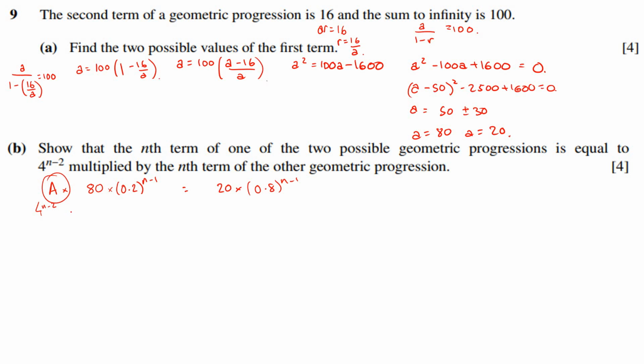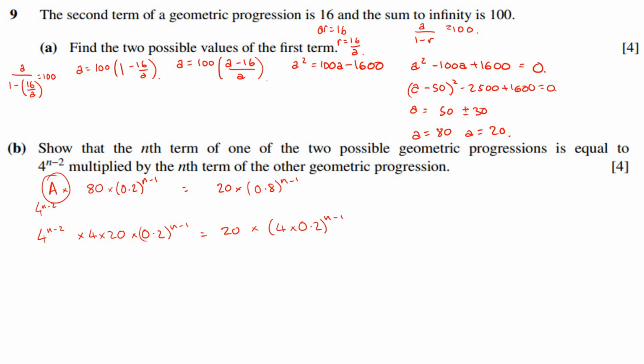Okay, so let's just double check some bits and pieces here. So we have, this is fine. What about if I said that, yeah, this is for the n minus 2, fine, but I'm going to call this 4 times 20 times 0.2 raised to the n minus 1 equals 20 times 4 lots of 0.2 to the n minus 1.